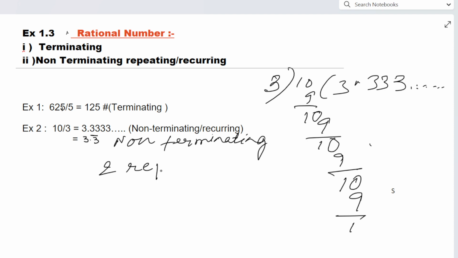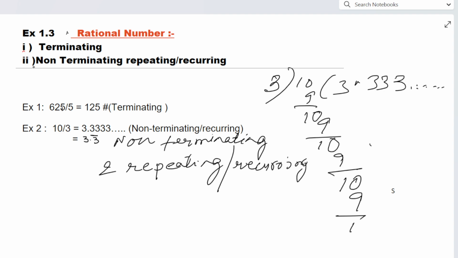The digits are repeating after the decimal point, so it is called repeating, or also recurring. I hope you understand. So today our topic is rational number, which can be classified as terminating decimal form, and the other decimal form, which can be termed as non-terminating, repeating or recurring.